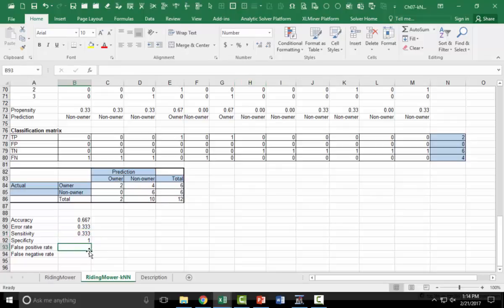False positive rate is among those who are predicted as positive, how many are non-positive. And false negative rate is among those who are predicted as negative, how many are positive. So these are the accuracy rates.